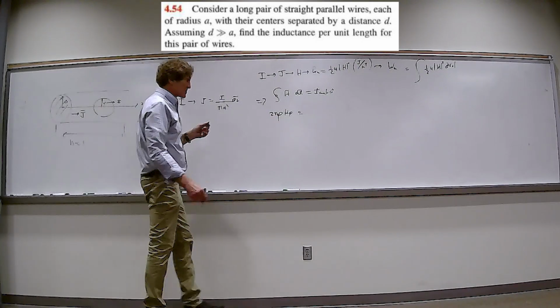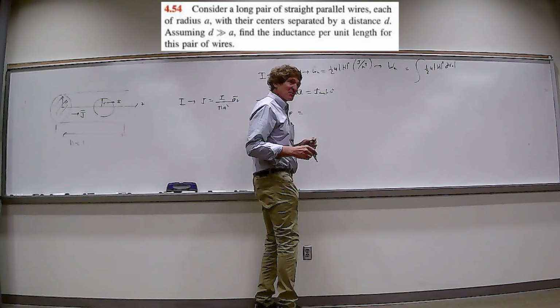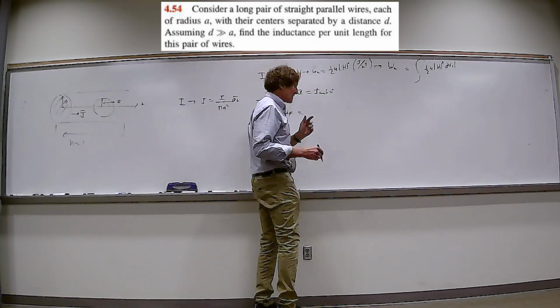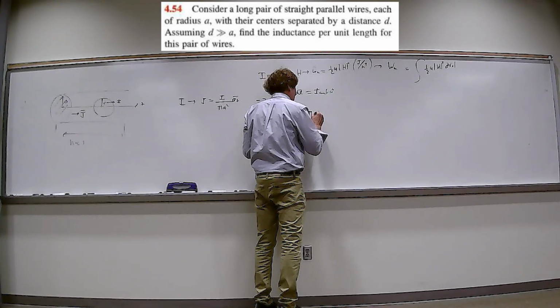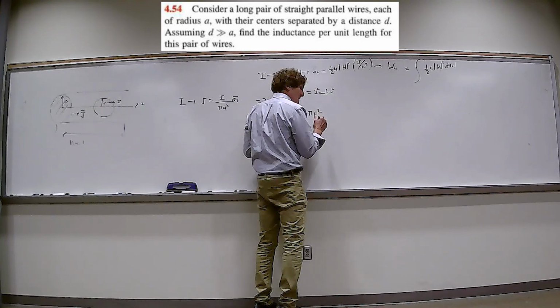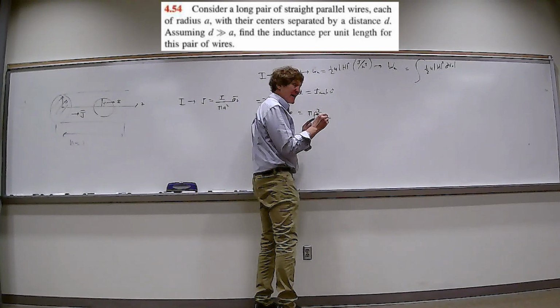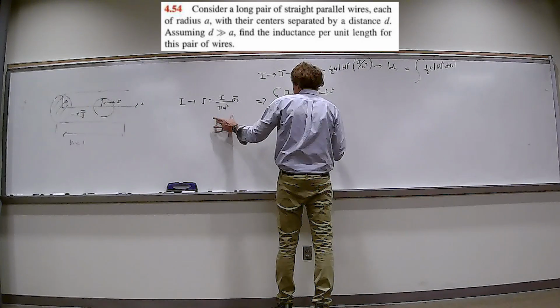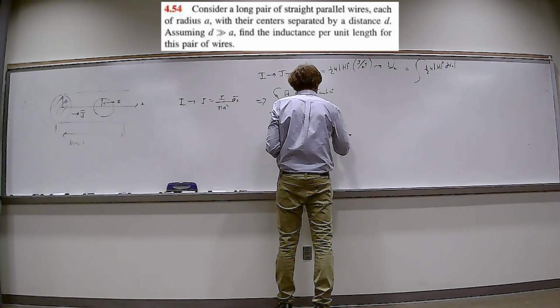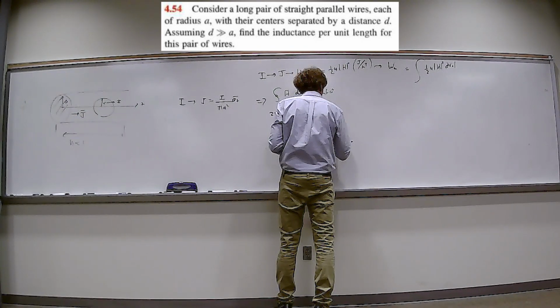So that means this is what? Actually, this is part of the problem we did one time. I think we did this whole problem. So this is going to be pi times rho squared, that's the area, times the current density J. And J is this, so it's going to be times I over pi a squared.